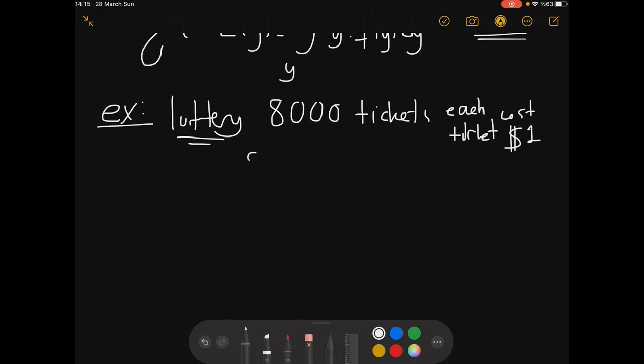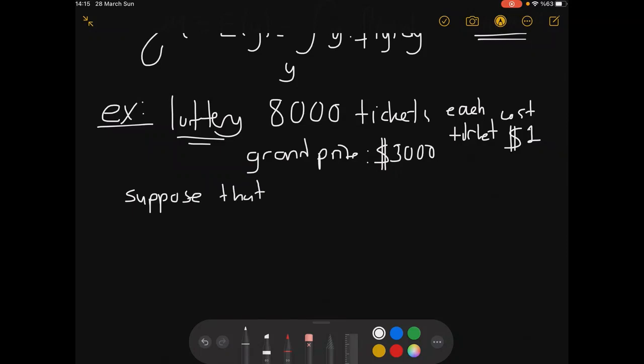And the grand prize is, let's say, $3,000. This is the grand prize, and this is the game. And suppose that you buy two tickets.